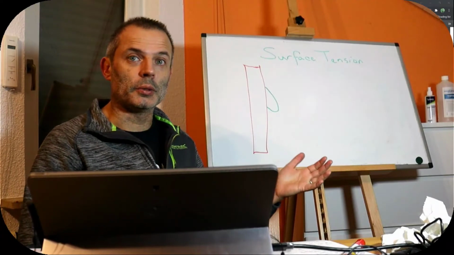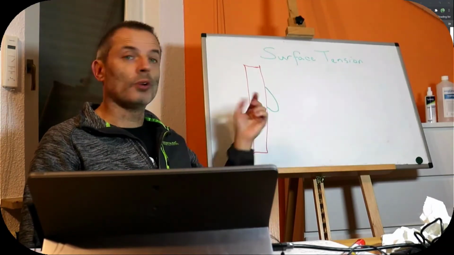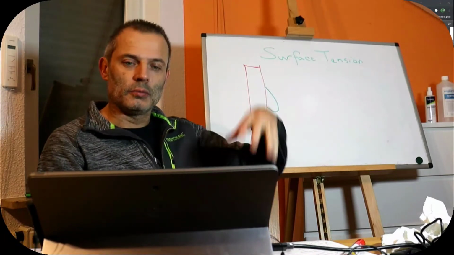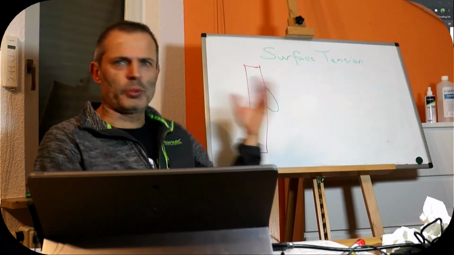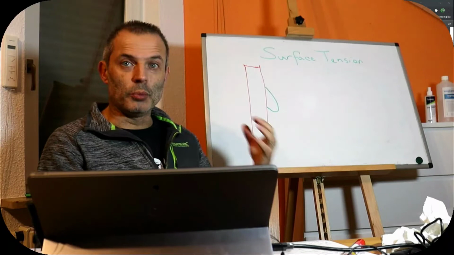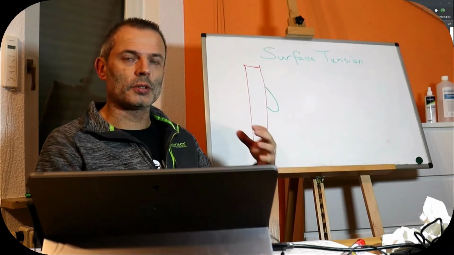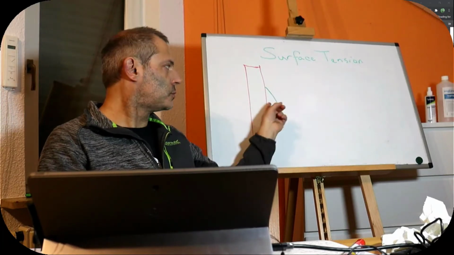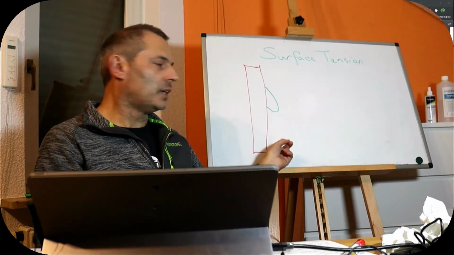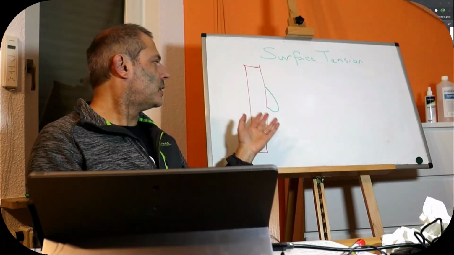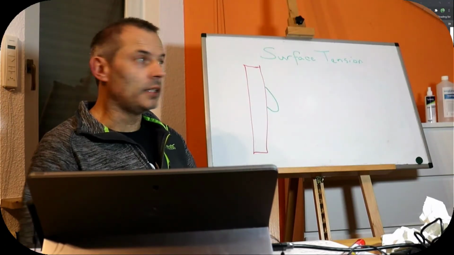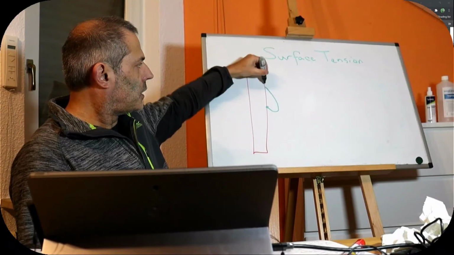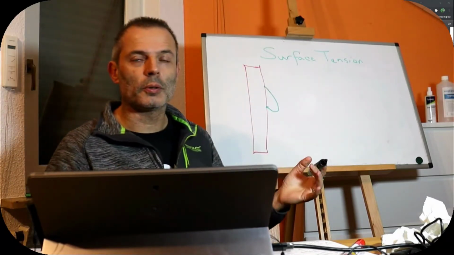If we take that to an extreme and imagine a drop on a window that's vertical, then we can see that it typically hangs in this shape, from the side obviously, and this is important because of the force that's required to hold the drop up against its weight. So there's a force from its weight downwards, and there's a force from the surface tension upwards through this point here and the point on the top.